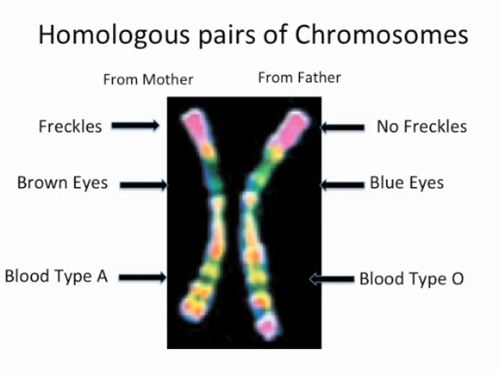So if you got a chromosome that came with freckles, brown eyes, and blood type A from your mother, and you got a chromosome with no freckles, blue eyes, and blood type O, without crossing over at all, you would either pass on this chromosome and therefore pass on freckles, brown eyes, and blood type A to your offspring, or you would pass on this chromosome, no freckles, blue eyes, and blood type O. But because of crossing over, if there was a crossover event here, you could pass on no freckles, blue eyes, and blood type A, or a chromosome that has freckles, brown eyes, and blood type O. So it allows you to have more variety in what you pass on to your offspring.